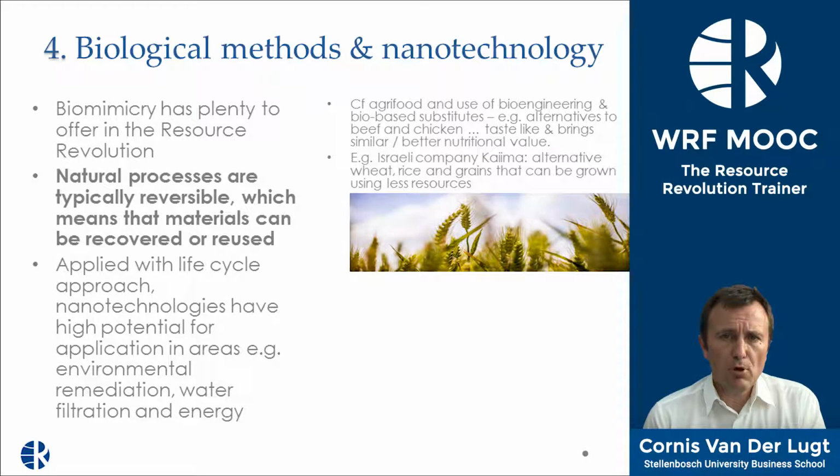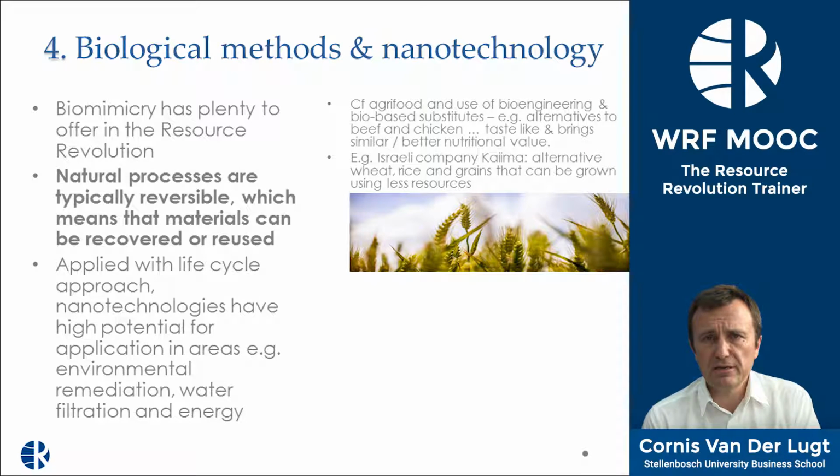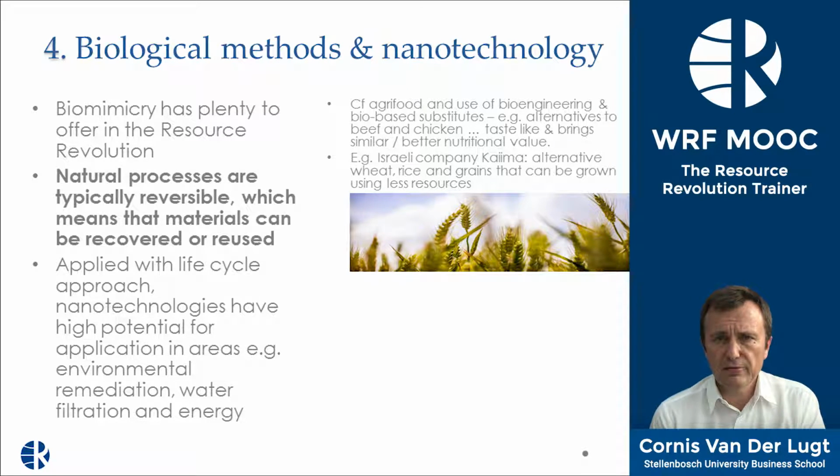The next building block, number 4, is that of biological methods and nanotechnology. Important are the lessons we can learn from nature. For example, the fact that natural processes are typically reversible, and this means that materials can be, in principle, recovered and reused.